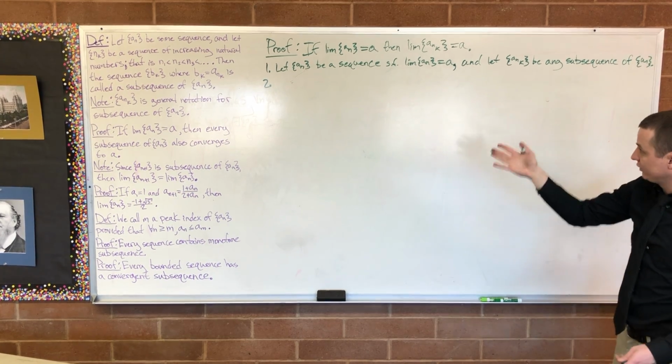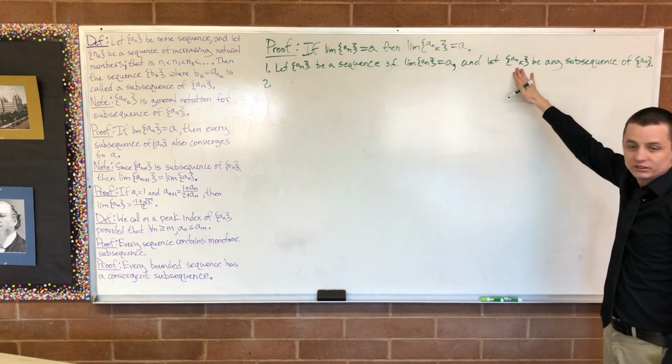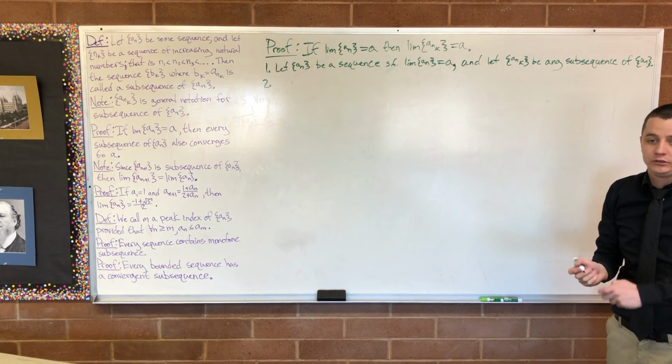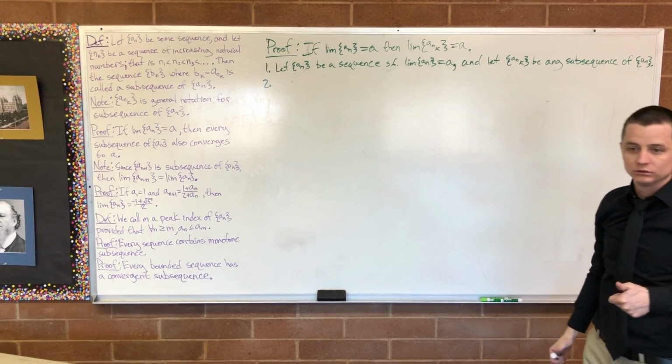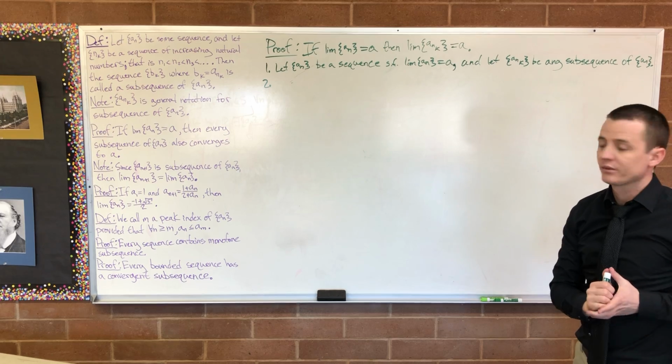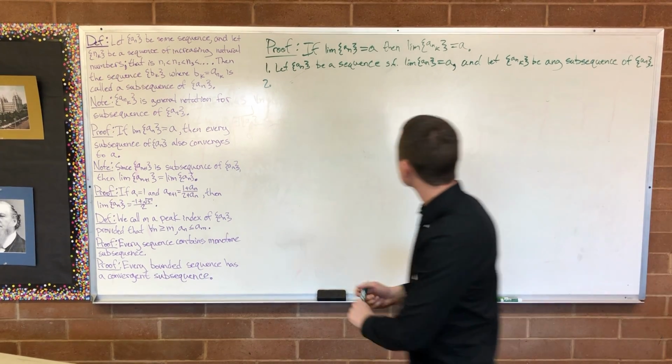So we know A sub n is a sequence that converges to A, and A sub n sub k is just some sequence, any subsequence you want. If we prove that this also converges to A, then we're done. That's what we're trying to show. Good? And we're going to prove this directly.